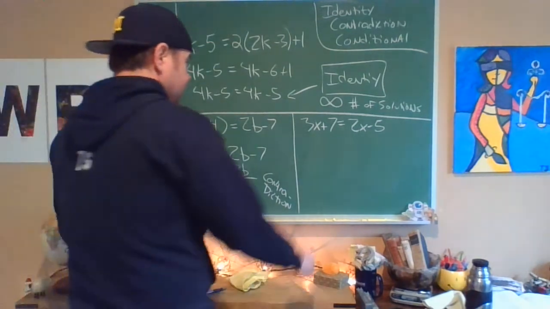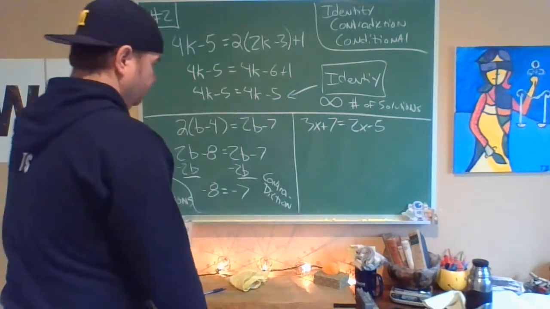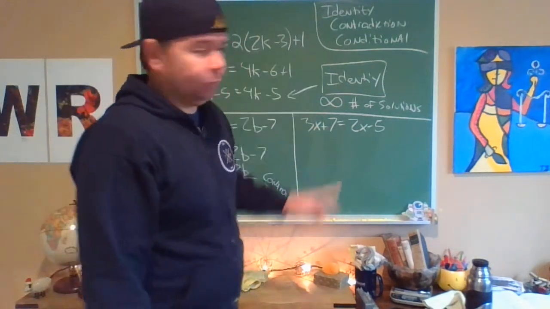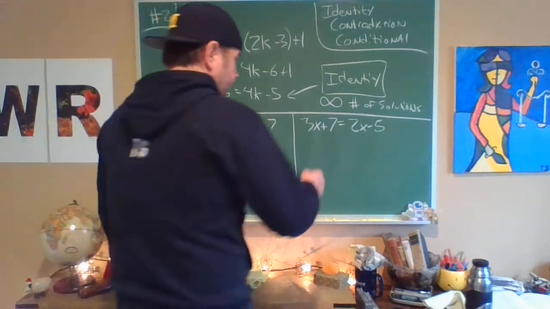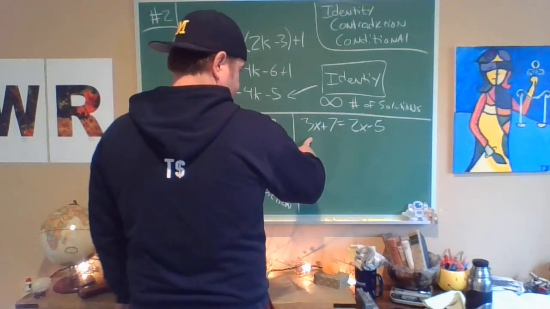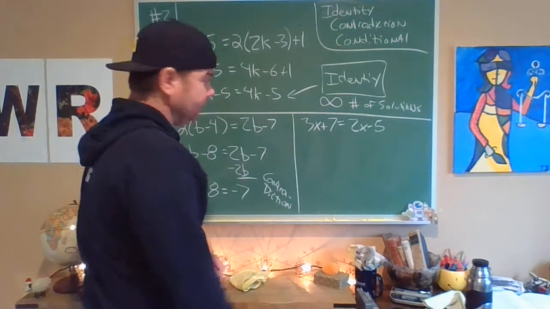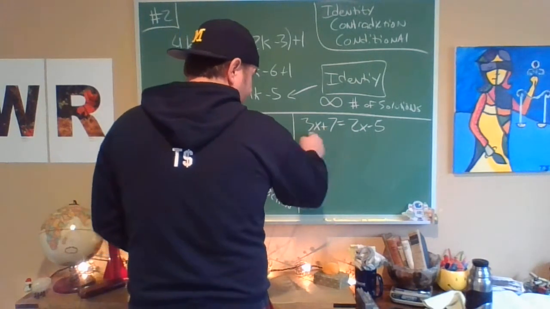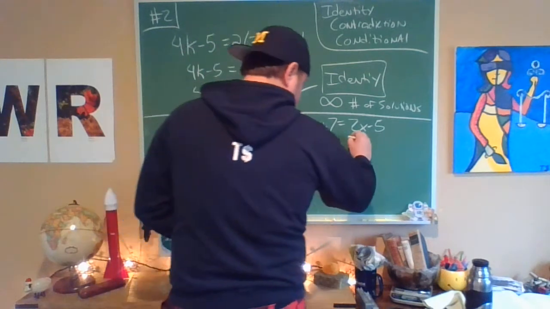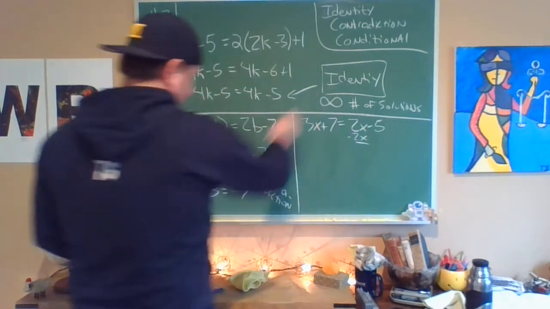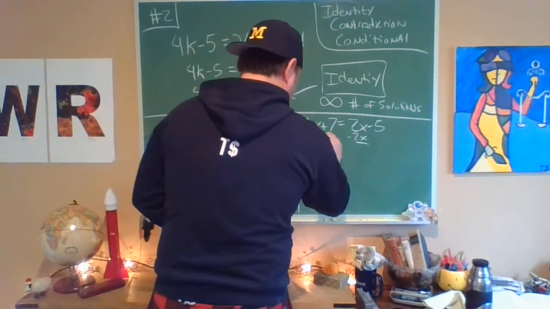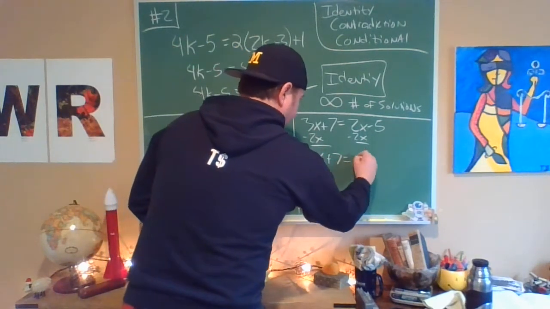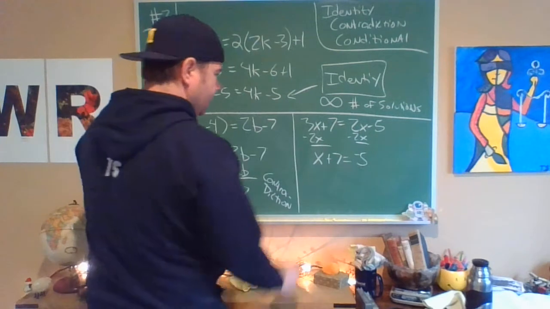All right, last one here. By process of elimination, the hope would be that this last one is a conditional. We'll see what happens. No parentheses to clear, so I don't have to do that. The variable terms are different, so it looks like I'm not going to end up with one of these situations. 3x minus 2x is just x plus 7 equals negative 5.